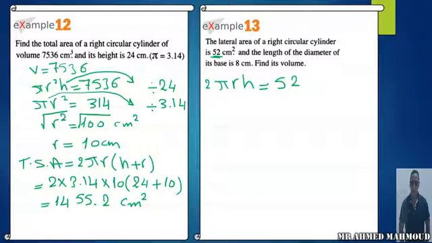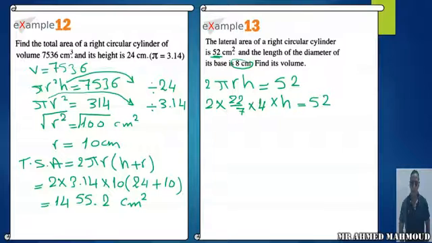I will make a replacement for pi and r. Here we have 2 times 22 over 7 times r. Since the diameter is 8, then r equals 4 centimeters, times its height, equals 52.